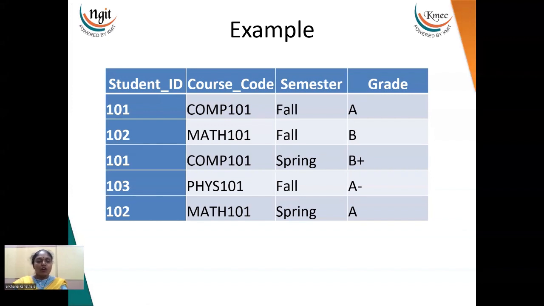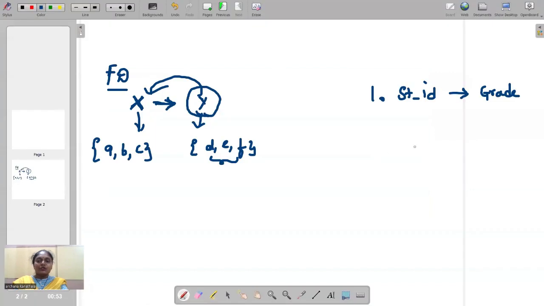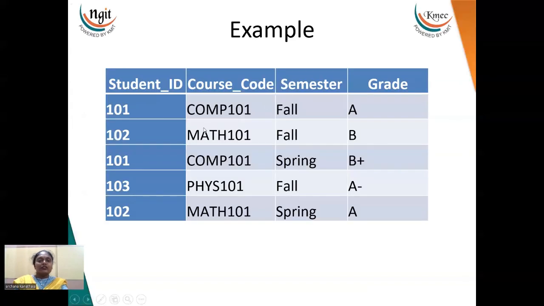The next rule is augmentation. Now, the combination of student ID and course code can also be used to derive the grade value. Student ID 101, for the course code computers 101 in the fall semester, has grade A. And for the spring semester, you have a different grade.